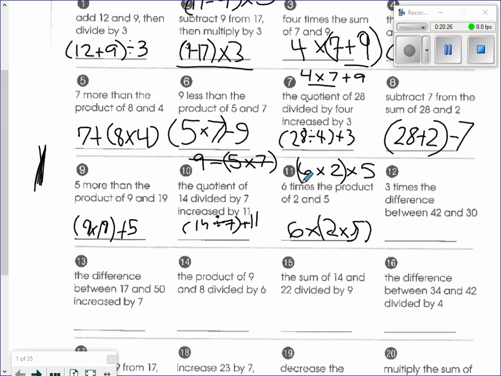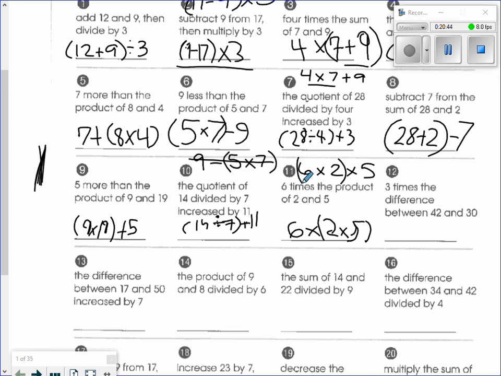You would get the same answer, but does this match what it's saying? This is 5 times the product of 6 and 2. Technically, you would get the same answer, but this expression does not match what it's saying.